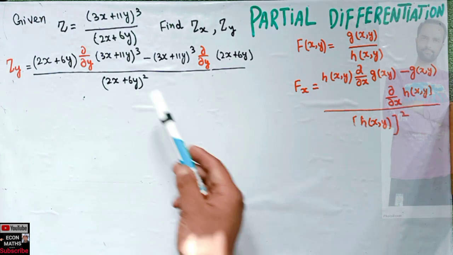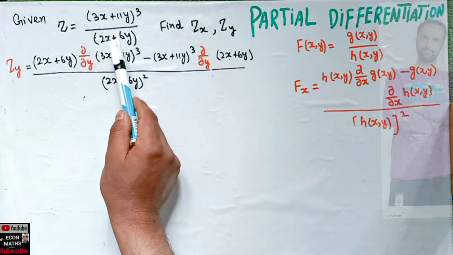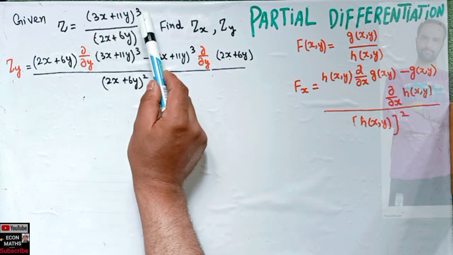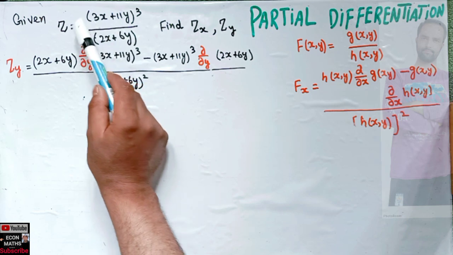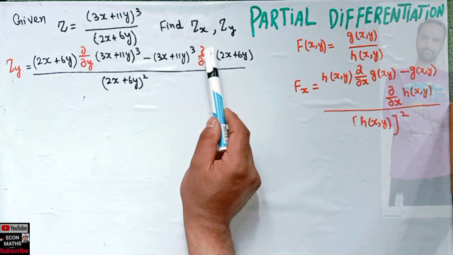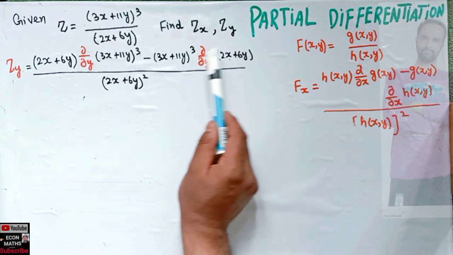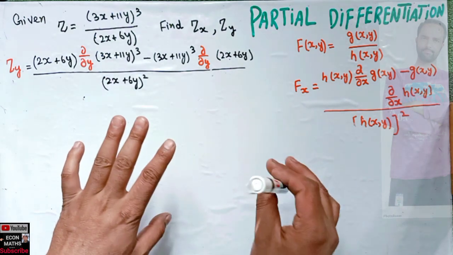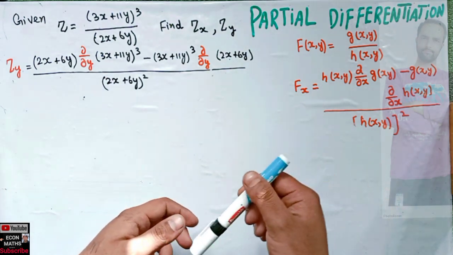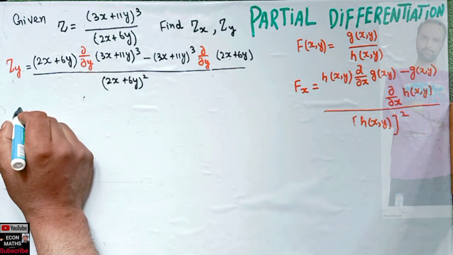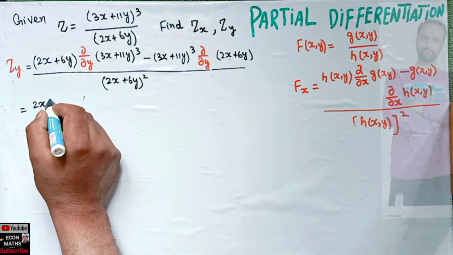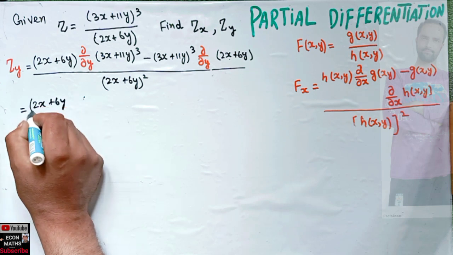How do we do it? Use the quotient rule. First we write the denominator function and take the derivative of the numerator, minus the numerator function times the derivative of the denominator function, whole divided by the denominator function square. Now using the same stuff here, we have 2x plus 6y as it is.